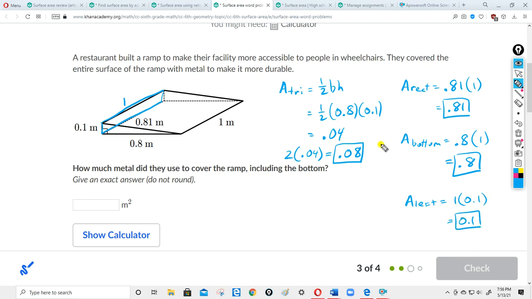So combining all the area totals, I think I better use the calculator now. 0.8 plus 0.08 plus 0.81 plus 0.1, and I get 1.79. I added all four. I get 1.79, and that goes in the box.